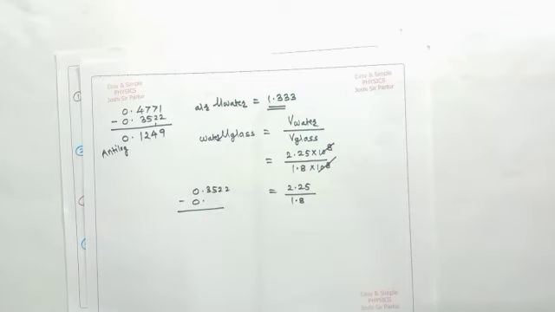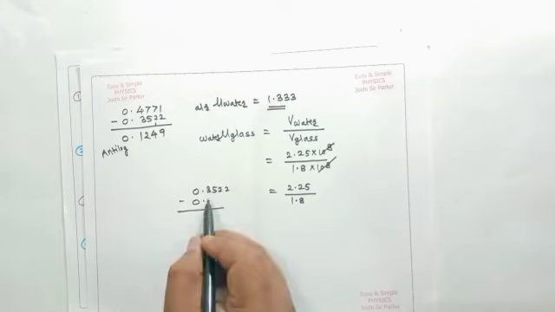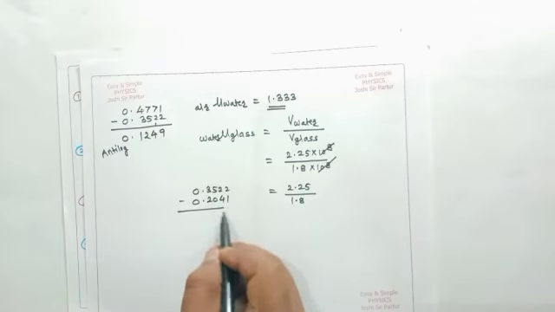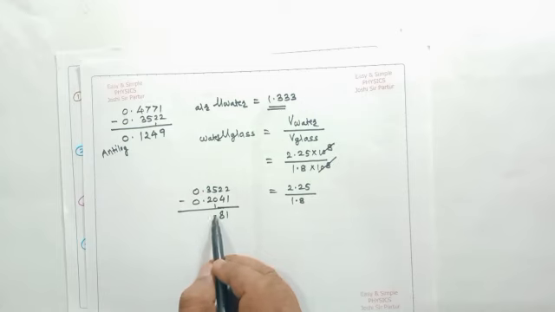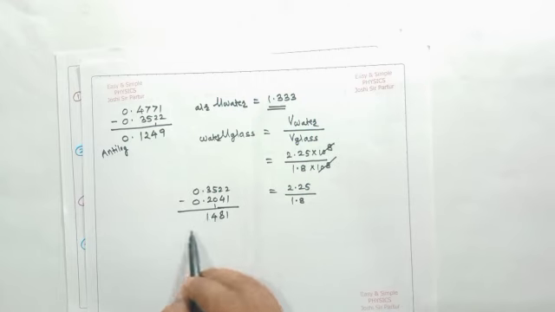For 18, the log will be 2041. If we subtract, 1 from 2, 1 is remaining. From 12, 4 is subtracted, 8 is remaining. From 5, 1 is subtracted, 4 is remaining. From 3, 2 is subtracted, 1 is remaining.